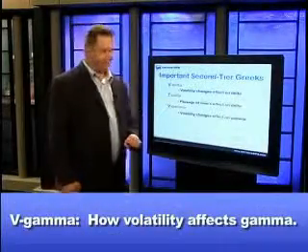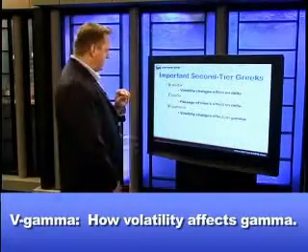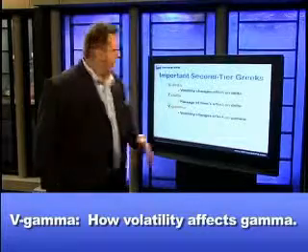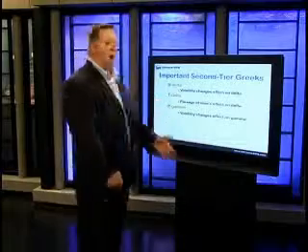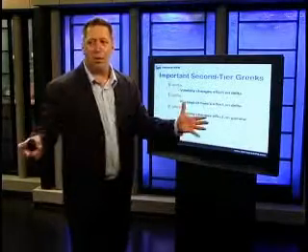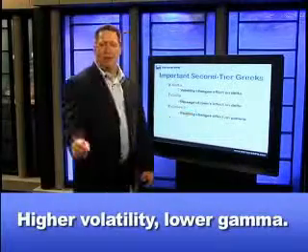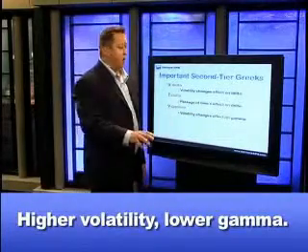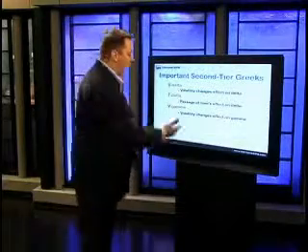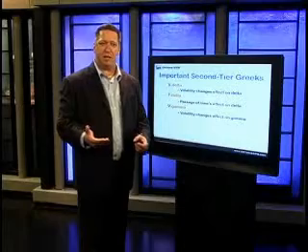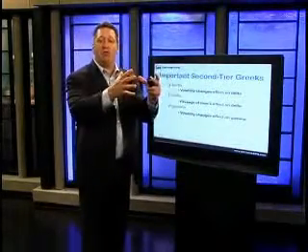V gamma. Guess what? Volatility affects gamma. And in a way that you couldn't imagine. Most people think that, wow, volatility should make gamma grow. It doesn't. You see, the higher the volatility, the lower the gamma. Why is that? Because when we look at higher volatility situations, deltas crunch, don't they? They become a lot closer.